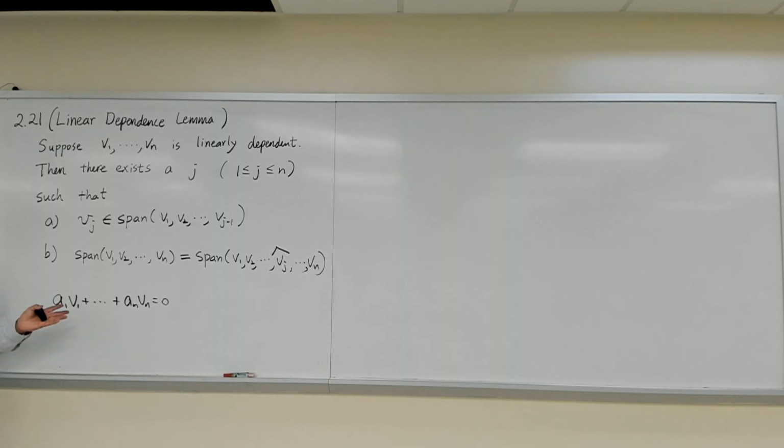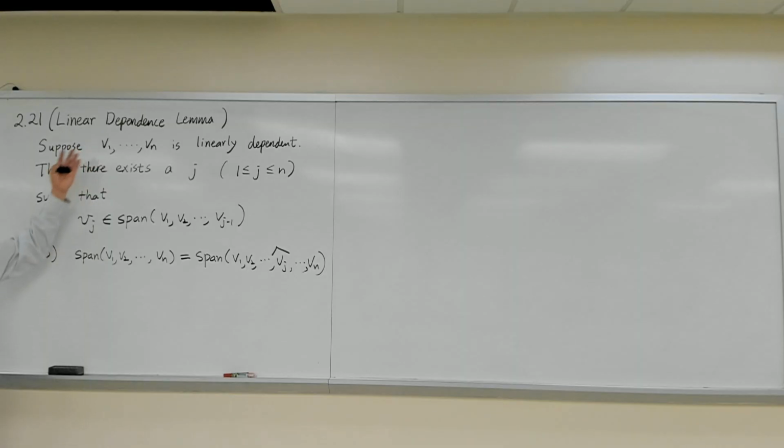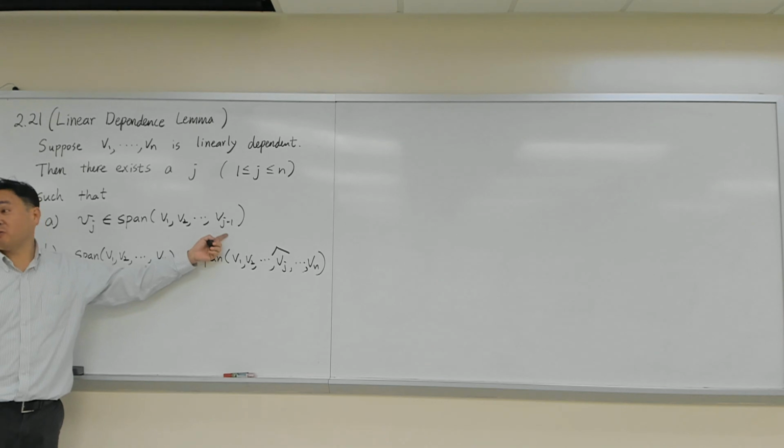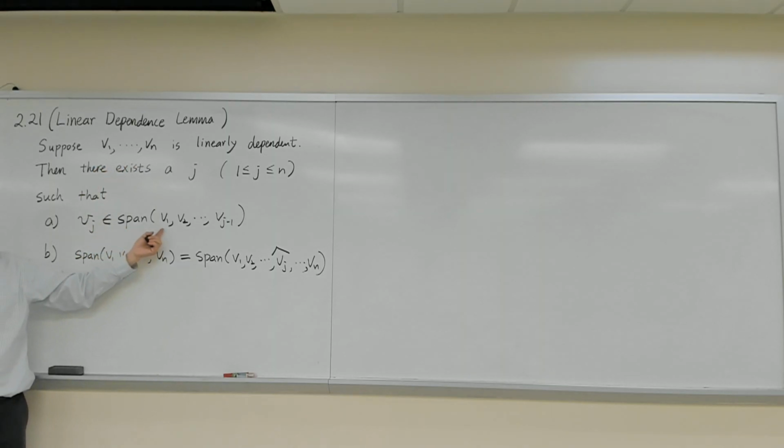That's the formal definition, right? So given that definition, if you have something that's linearly dependent, there exists some vector in this list that's in the span of the previous guys. Now, you can see that this part A is almost what I'm saying, right? What is this saying? It's saying that there's a vector Vj among here, which is in the span of the previous guys.